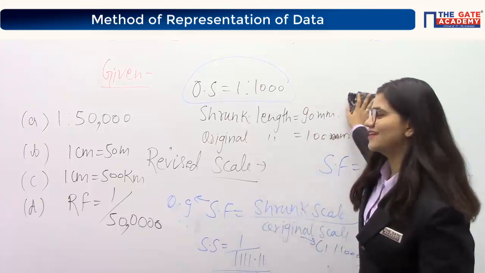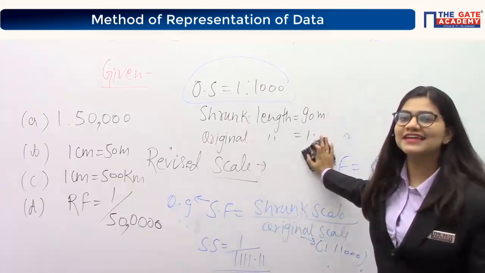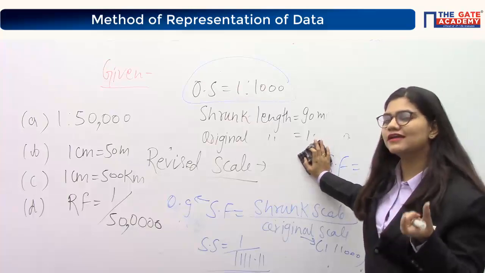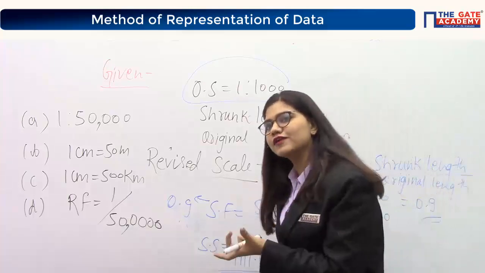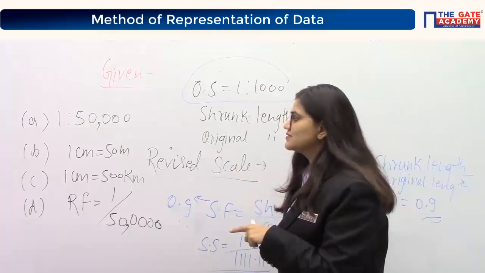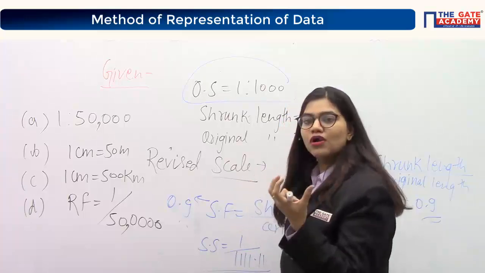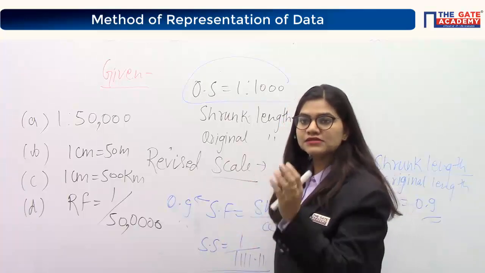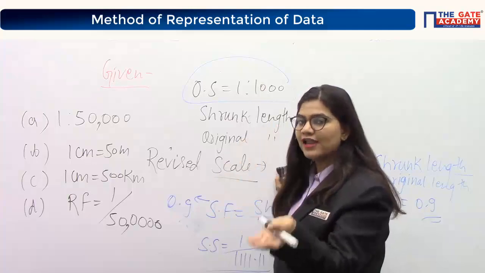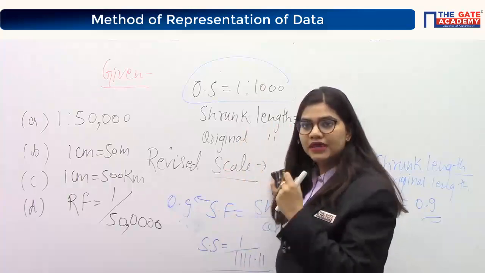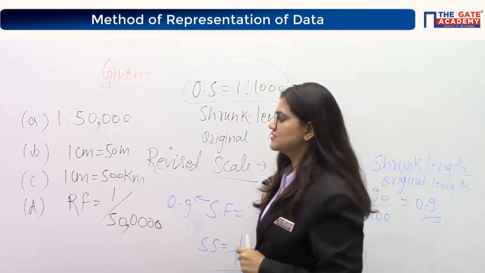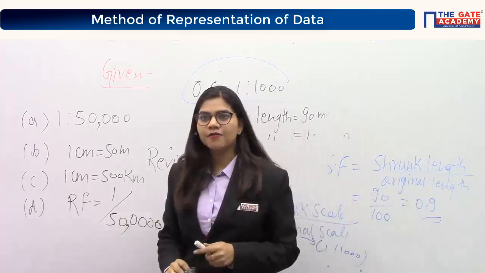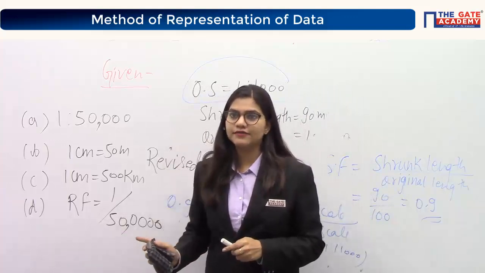You can see directly, B is 1 centimeter is equal to 50 meter, whereas everything else is so large in number. It means everything else is representing the larger value compared to B. So B is the answer. I hope everybody is clear.